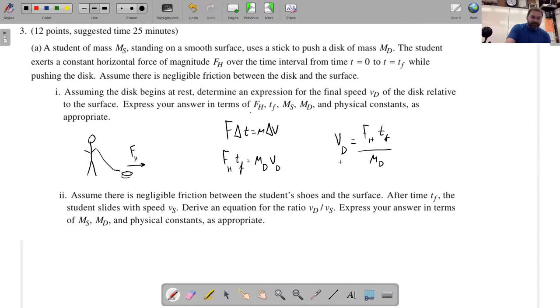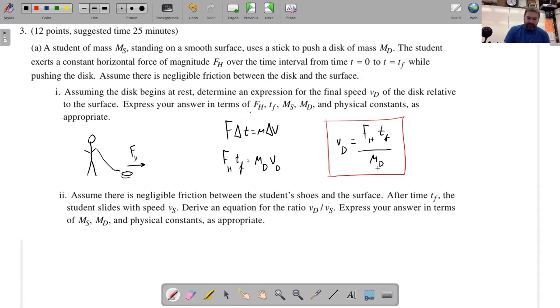And that is it. There's nothing else. The mass of the person is irrelevant. There are no other physical constants, but we satisfied the problem by defining an expression for v sub d, like a lowercase v, in terms of f sub h, t sub f, and m sub d.